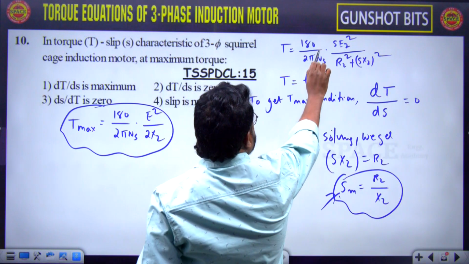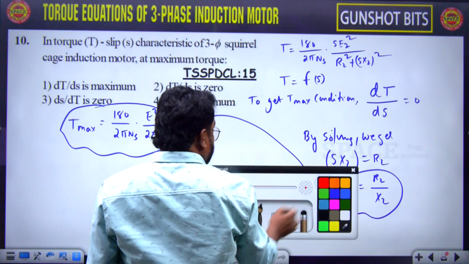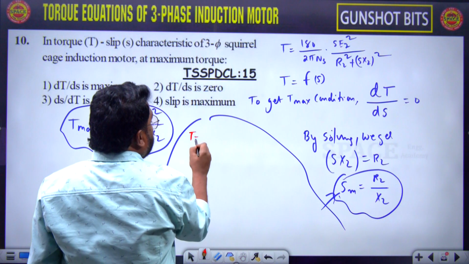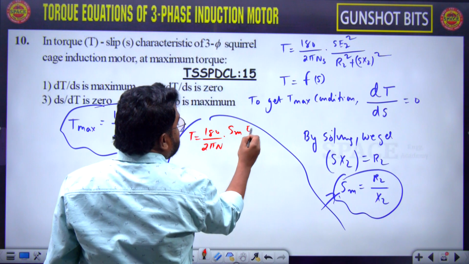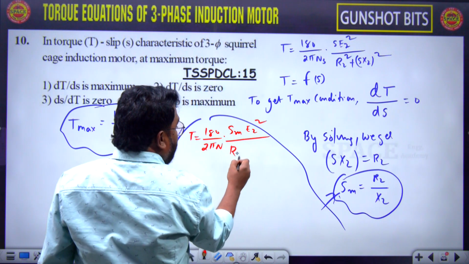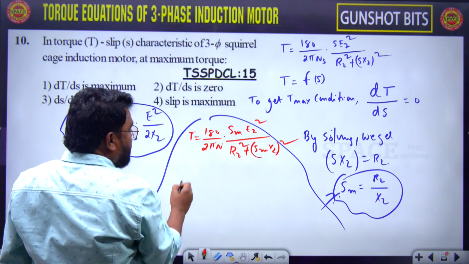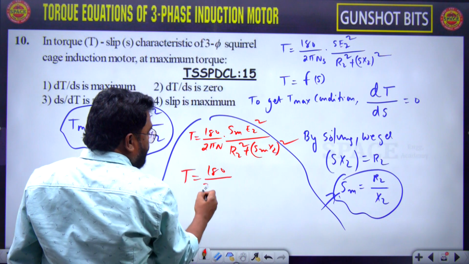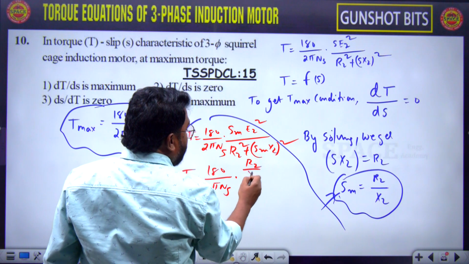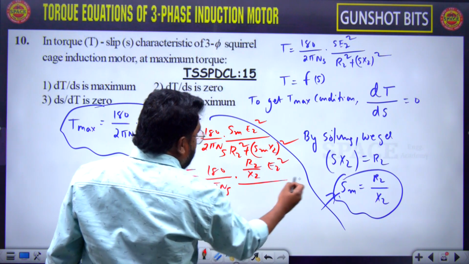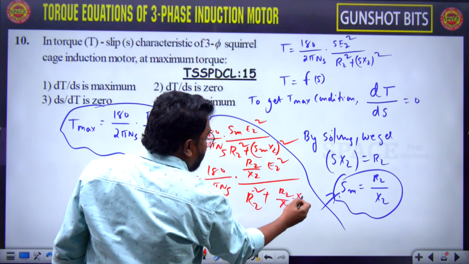If we substitute this condition in the torque equation, we will get the maximum torque of the motor. Suppose I substitute here: 180 by 2 pi ns, S maximum E2 square, divided by R2 square plus (S maximum x2) whole square. Putting S maximum equal to R2 by x2, we get E2 square divided by R2 square plus (R2 by x2 into x2) whole square.